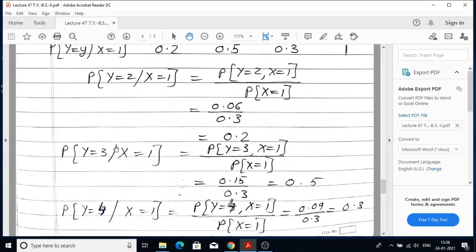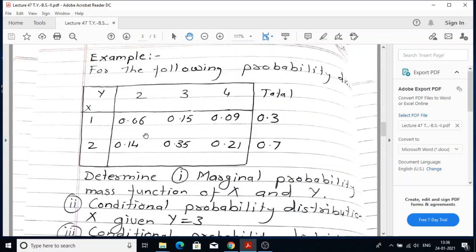Probability y is equal to 3 given x is equal to 1 is equal to probability y is equal to 3, x is equal to 1 divided by probability x is equal to 1. So y is equal to 3, x is equal to 1. The probability is 0.15.